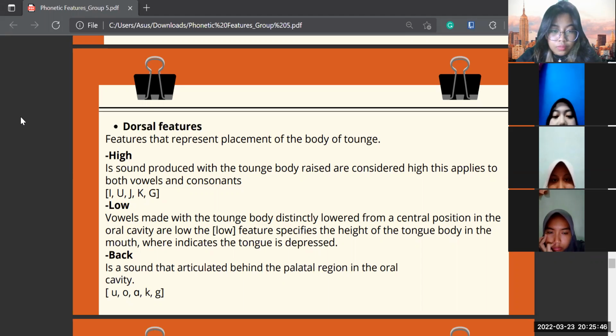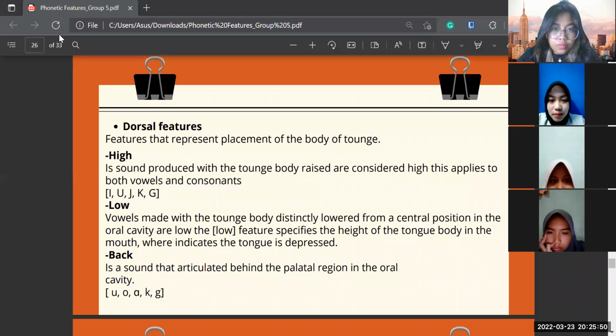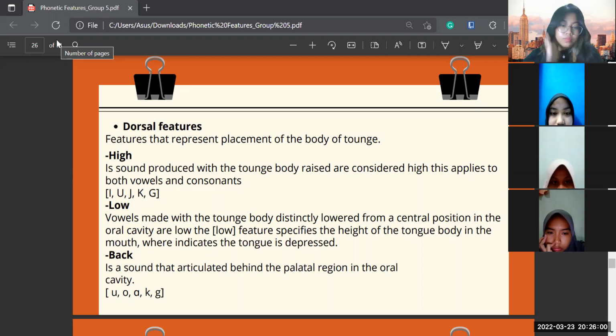Vowels made with the tongue body distinctly lowered from a central position in the oral cavity are low. The low feature specifies the height of the tongue body in the mouth, where plus indicates the tongue is depressed. Next is back, a sound that is articulated behind the palatal region in the oral cavity. For example, U, O, A, K, and G.